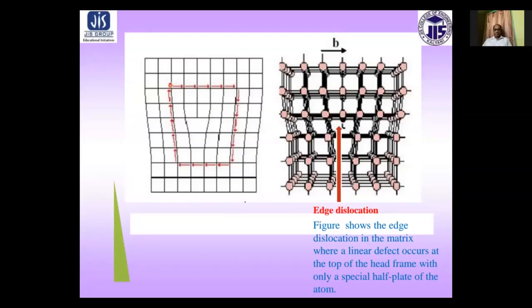Now, this dislocation, as shown in the figure, the dislocation line is considered as the defect due to the insertion of an extra half plane of atoms, that is, as shown in the figure at the top of the frame.